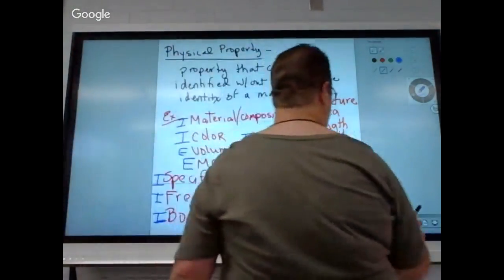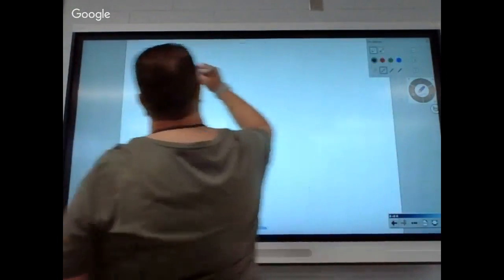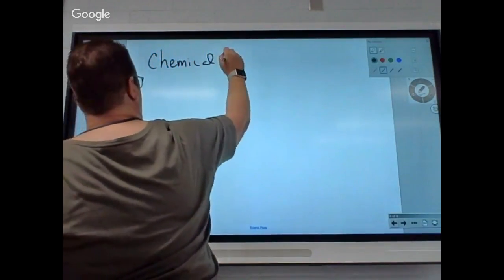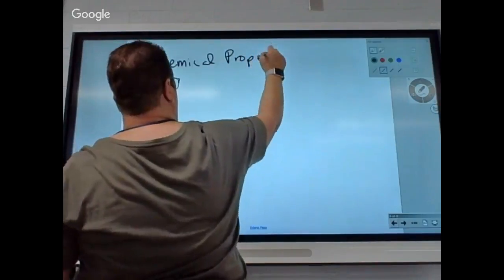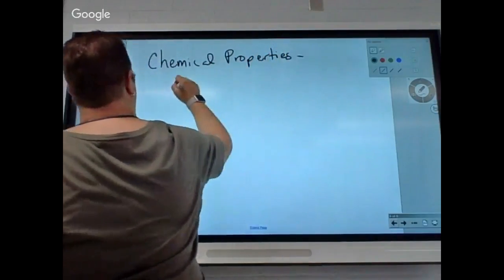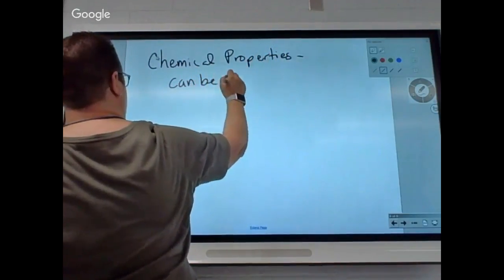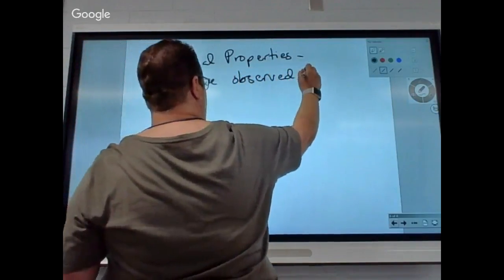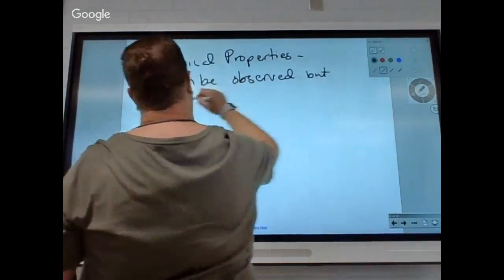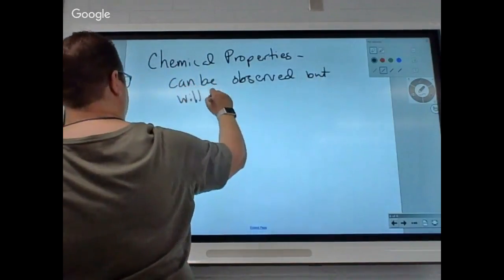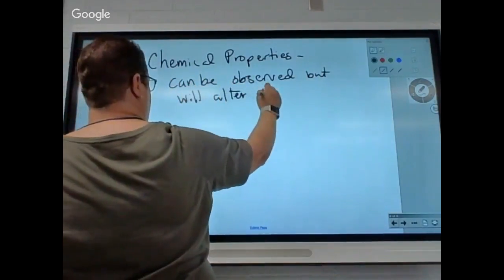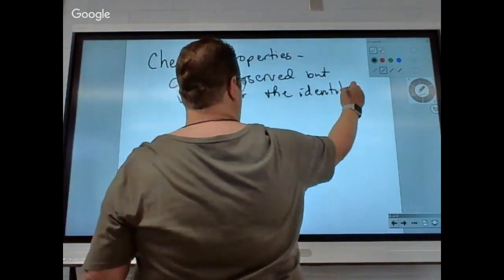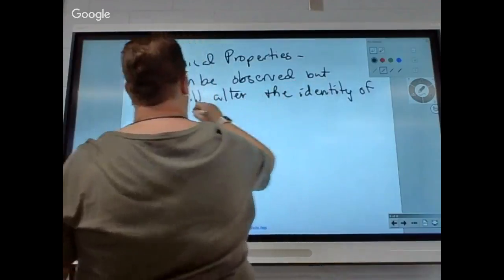So chemical properties. What are chemical properties? Chemical properties can be observed but will, and I'm shortening this, alter the identity of a material.